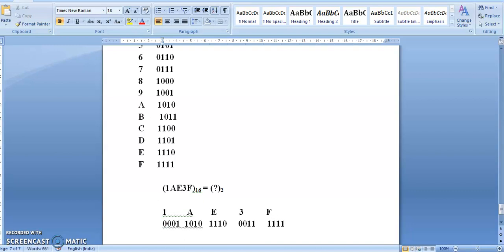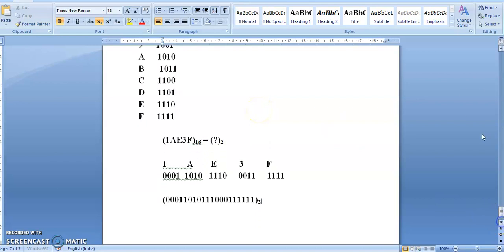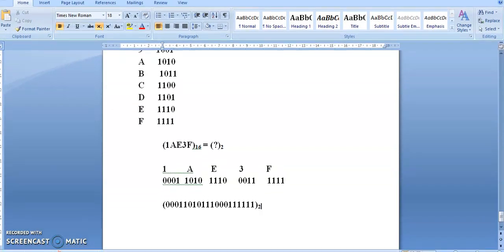So you can make the complete number: 0001, 1010, 1110, 0011, 1111. It is the base 2 value. So it is called hexadecimal to binary conversion.